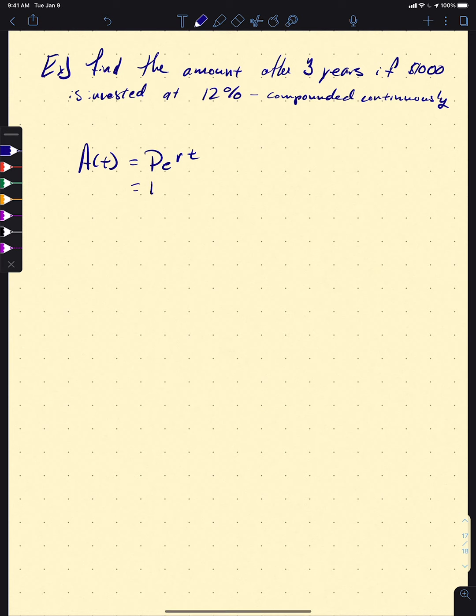Filling in, we have a principal of $1,000, e, my rate is 0.12, and my time is 3 years. If we plug this into a calculator, we have 1,000 times e to the 0.36.